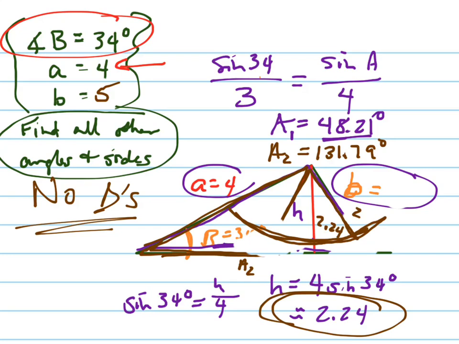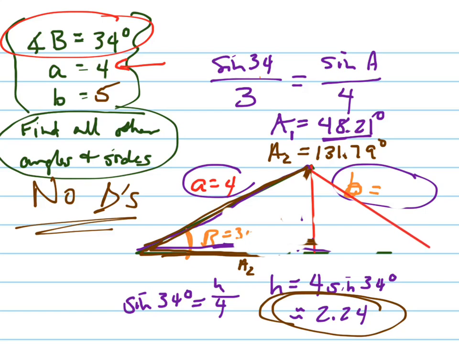If they told you that B was 5, notice it's bigger than H, so you're going to be able to make 1 triangle, but you can't make 2 triangles, because 5 is greater than the side length 4 right here. So you couldn't swing that back on the inside here. When you're trying to swing that, you would have to go outside of that triangle and you'd lose that B angle there. You wouldn't have that B angle anymore.